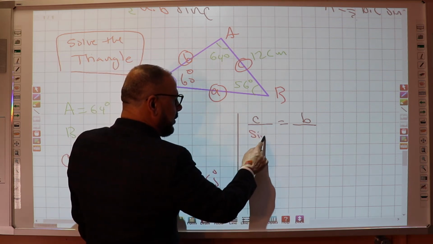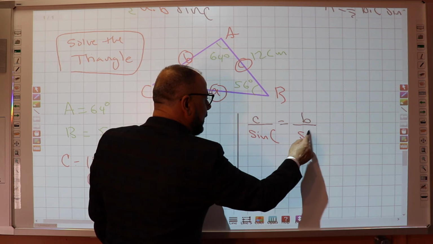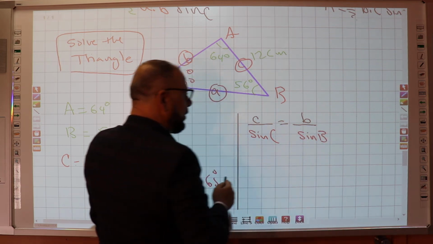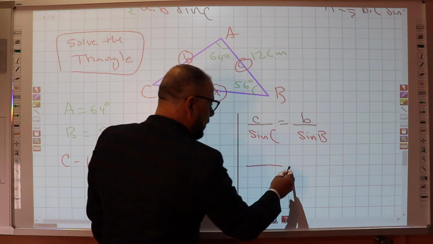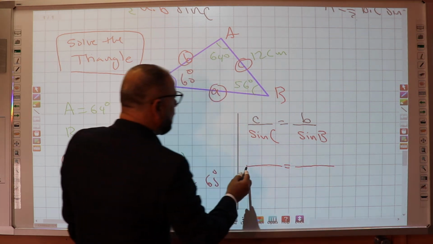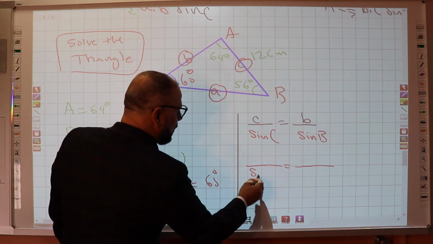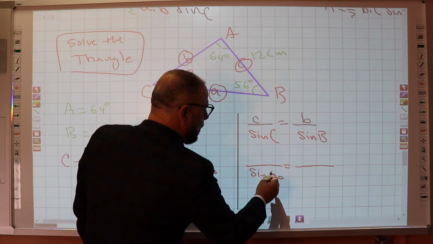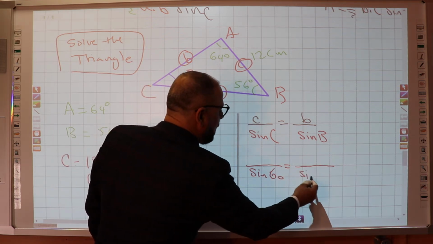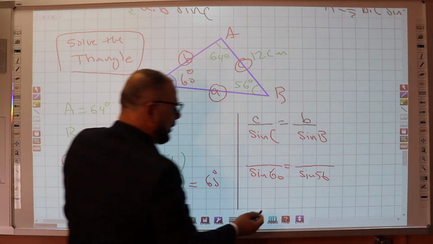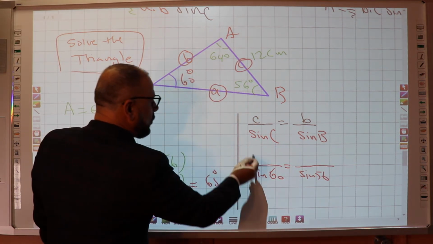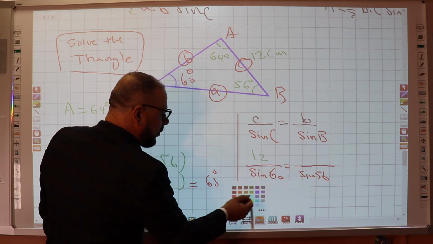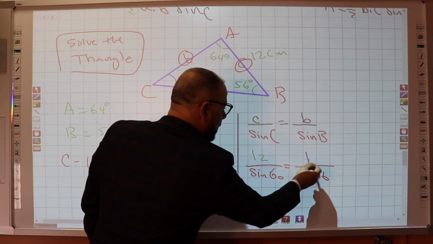Sine C over C, equals sine B over B. Sine C is sine 60, and sine B is sine 56. Which one is given? C, which is 12, and we're looking for B.